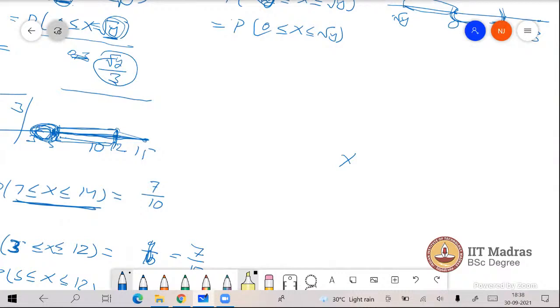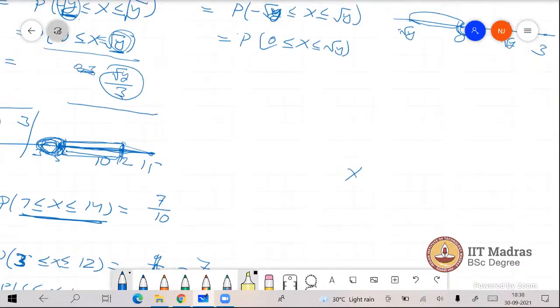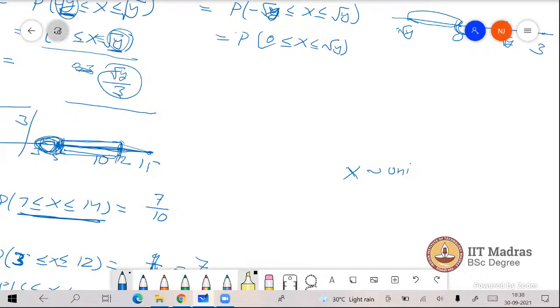Now look at one more example where x follows uniform minus 3 to 3, and let's say one more example where x follows uniform minus 3 to 2.